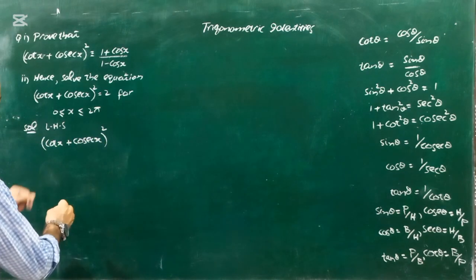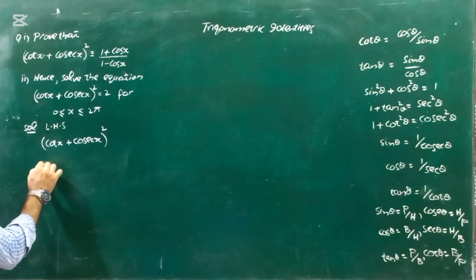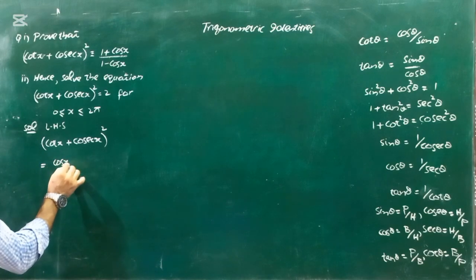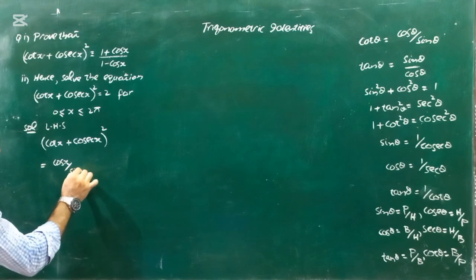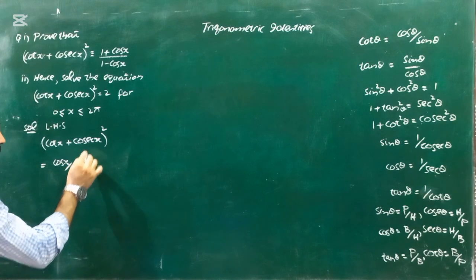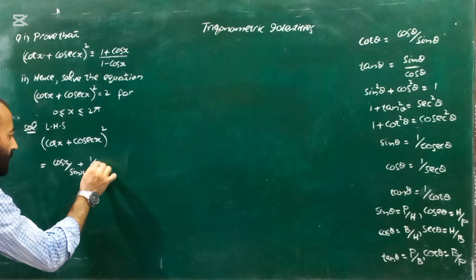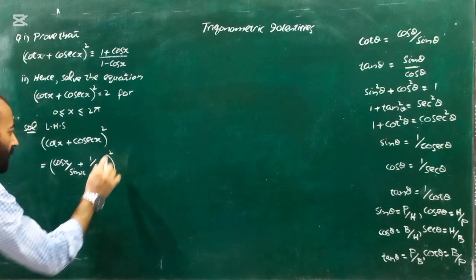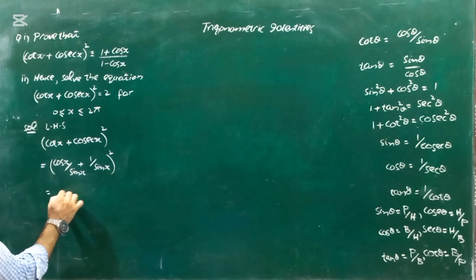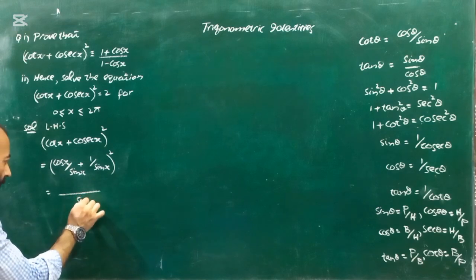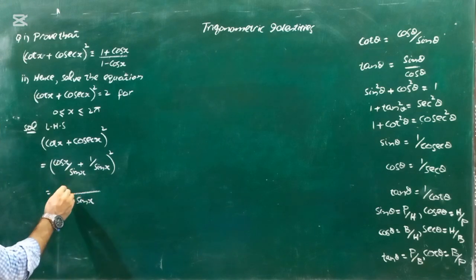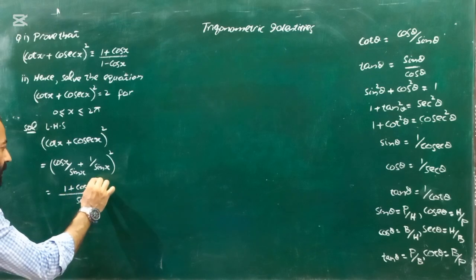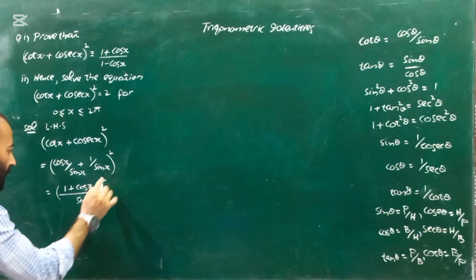From here cot is equal to cos over sine, and cosecant is the reciprocal of sine. This whole square is still there. So taking LCM, sine x is the LCM. In the numerator we will have 1 plus cos x. Whole square is still there.